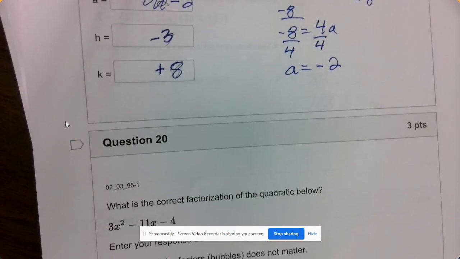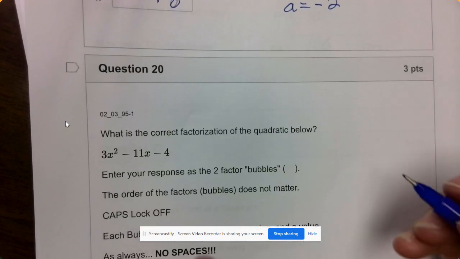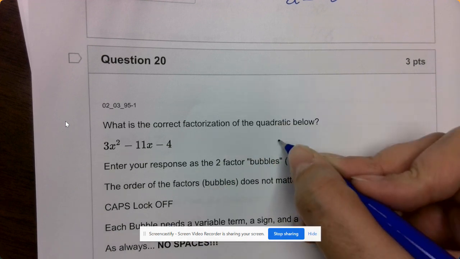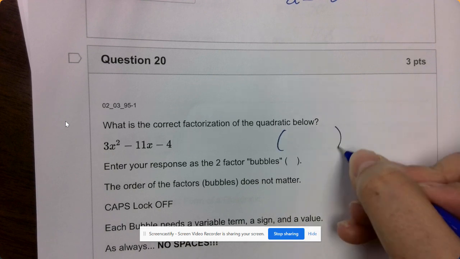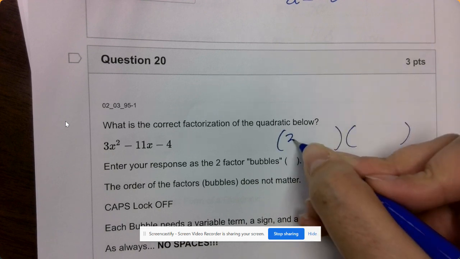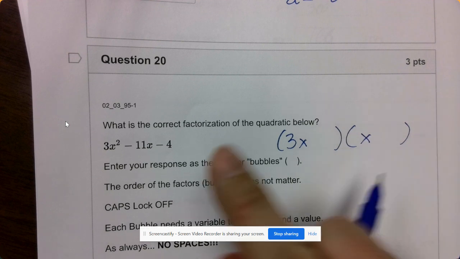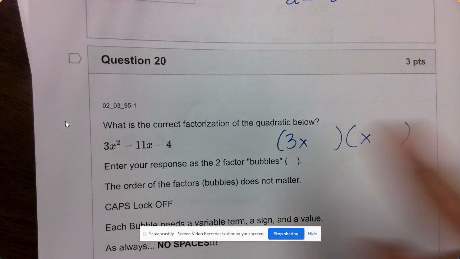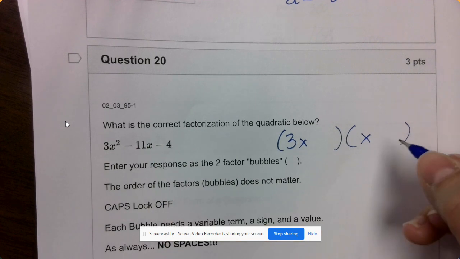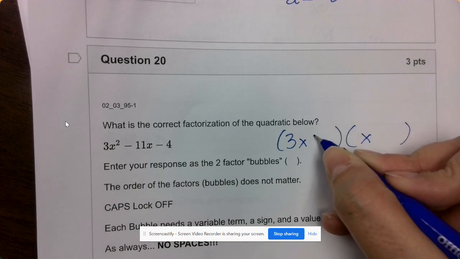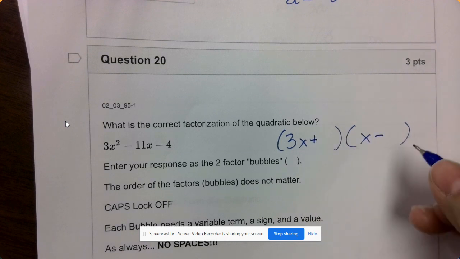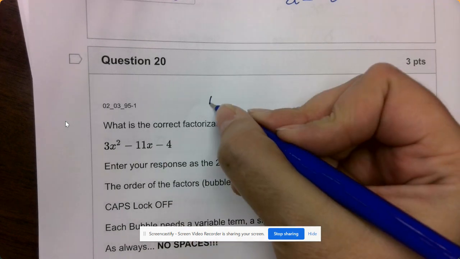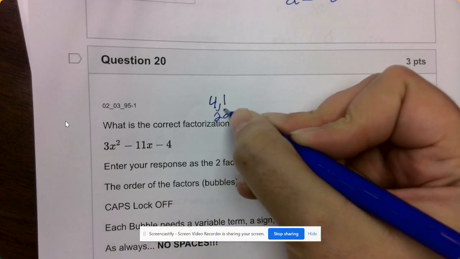Okay, what's the correct factorization below for this one, everybody? Make sure caps lock is off, so we're going to do our factor bubble. 3 is a prime number, everybody, so we know that we're going to have 3x. It is a negative, and a negative 4, so that means we're going to have one that's positive and one that's negative. For 4, we have 4 times 1, we also have 2 times 2.